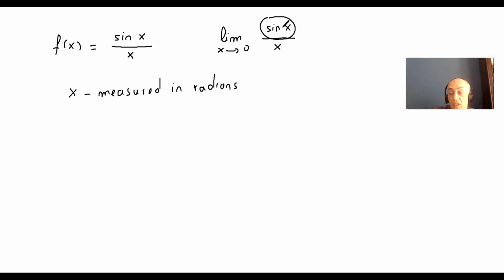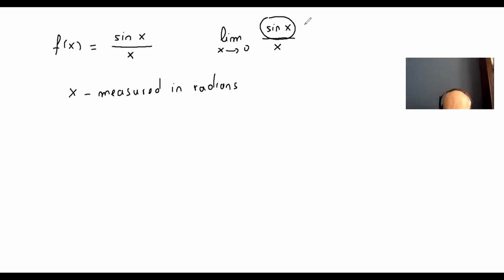So sine is the opposite over hypotenuse, and if the sides of a triangle are measured in centimeters or inches, when we do the quotient of two of them, so we have 3 inches divided by 4 inches, the inches will cancel out, and the quotient will be a proportional number without any sort of units.